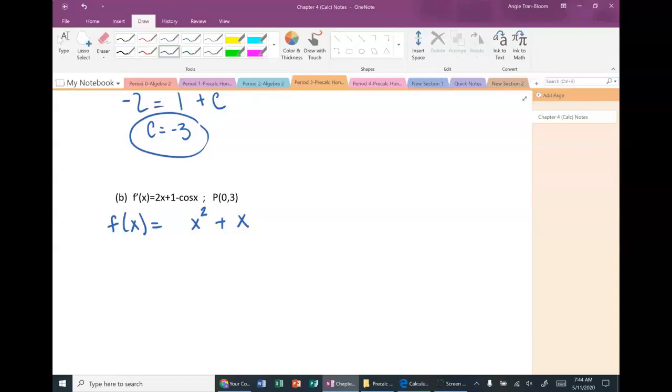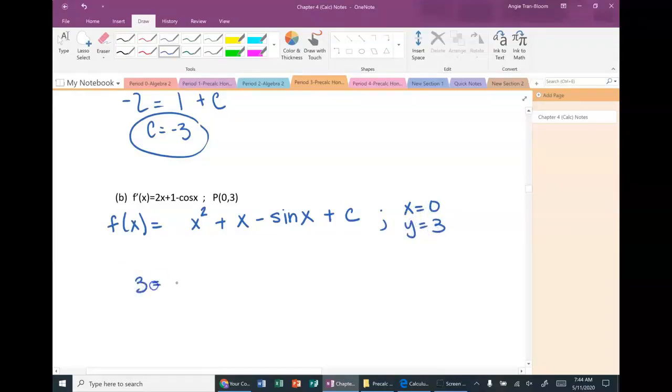So the antiderivative of cosine is sine. Okay, so if you go backwards, that's what you're getting. Now remember, we have to add c, whatever the constant is. So now that you have that, you want to plug in x equals 0 and y equals 3 and solve for what c is.